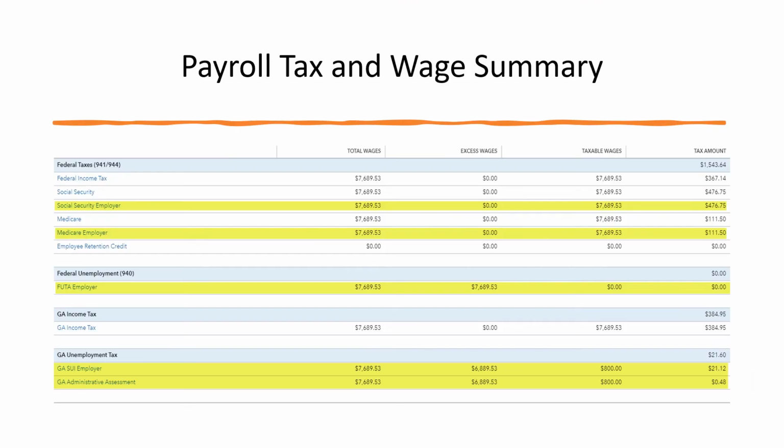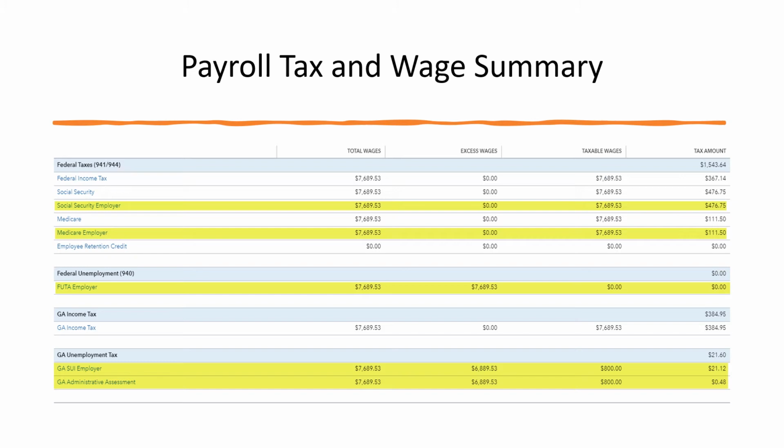So let's pull a payroll tax and wage summary report to check your balances on your balance sheet and your income statement. Using this example, your payroll wages that should be listed on your income statement would be $7,689.53.